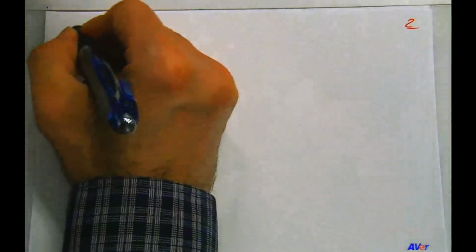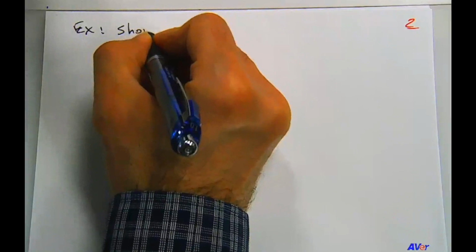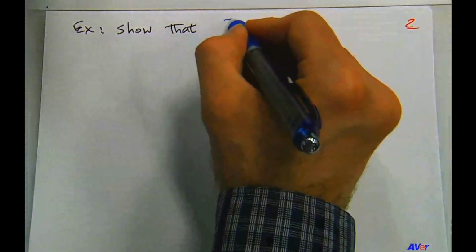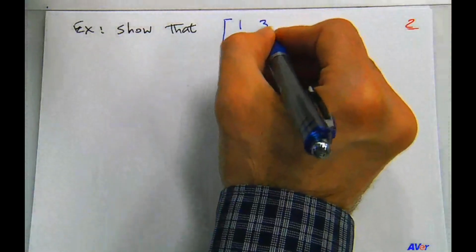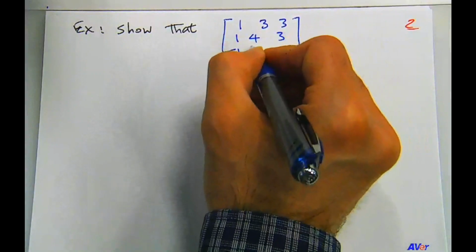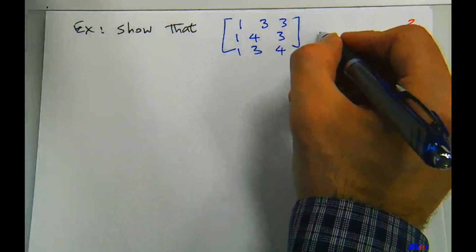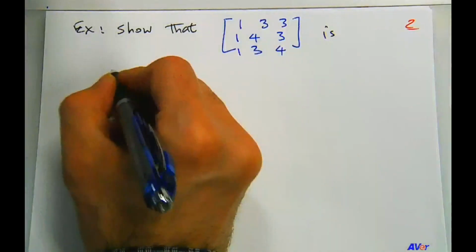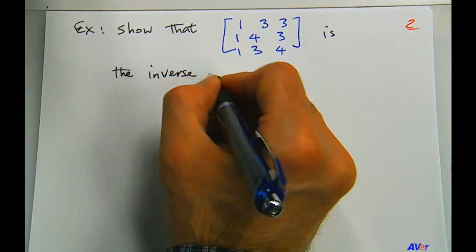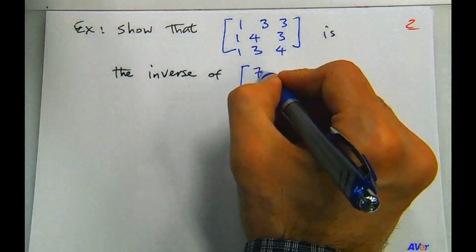So in this example, we want to show that this matrix is the inverse of this matrix.